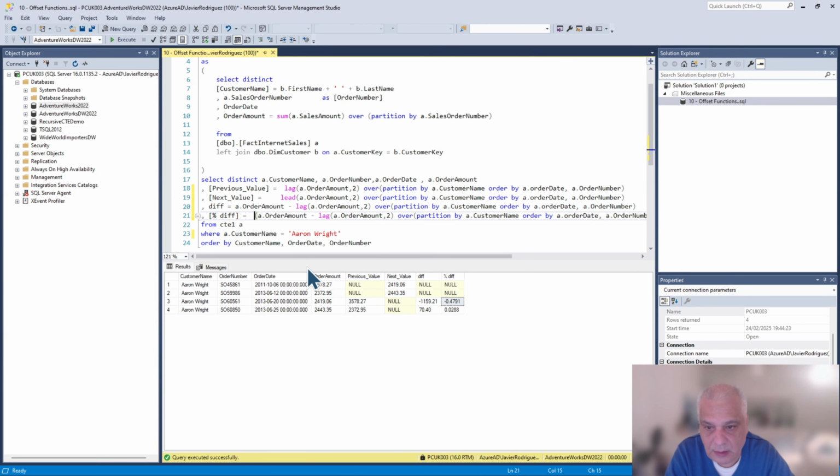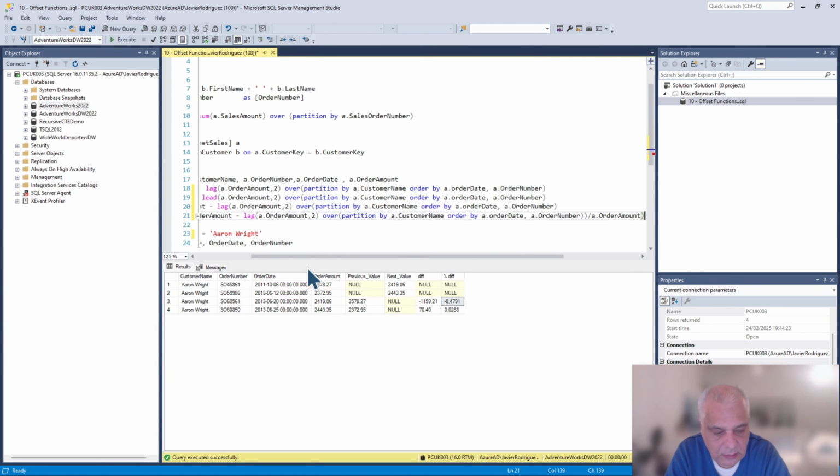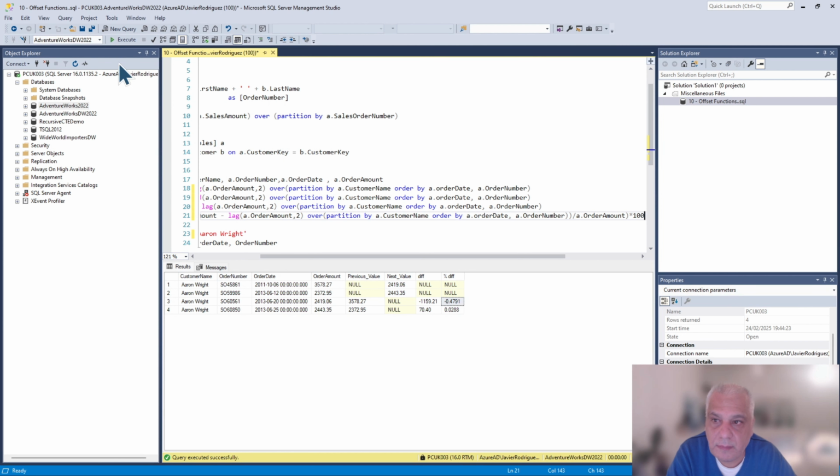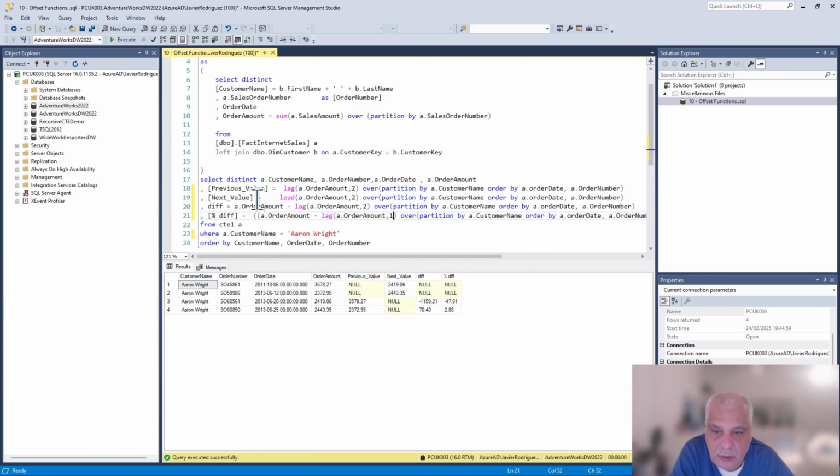Put another bracket here. Yeah, that's a percentage. We can leave it like this, 100%.